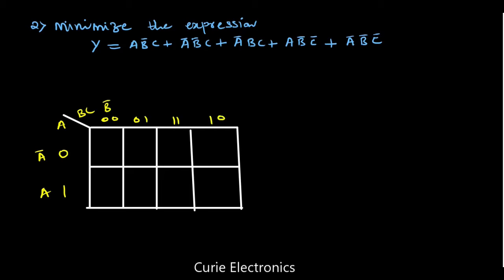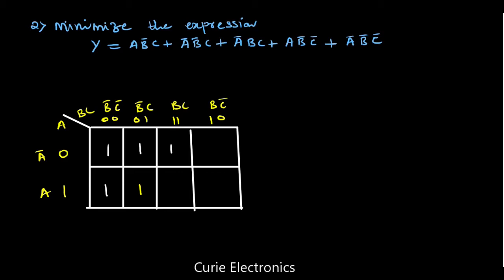So we can write it as B bar C bar, B bar C, B C, B C bar. Now let's mark it quickly. A B bar C. Next, A bar B bar C. A bar B C. A B bar C bar. Last one, A bar B bar C bar here.